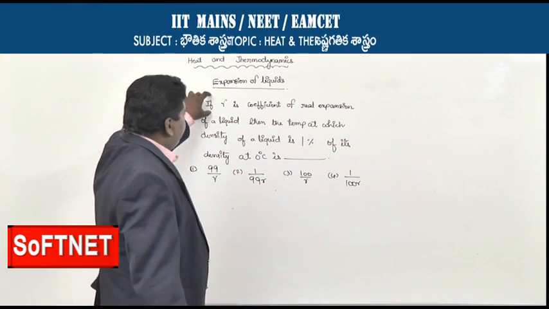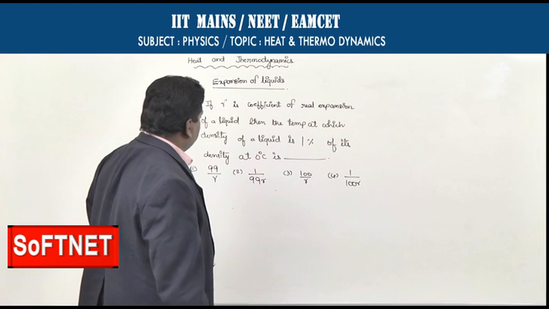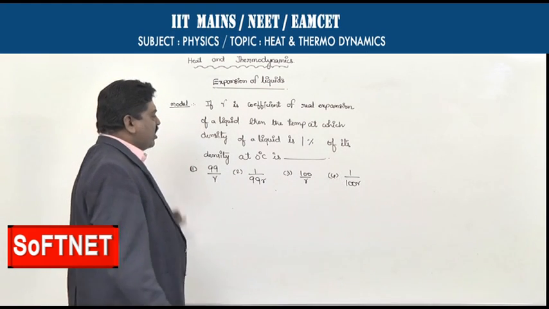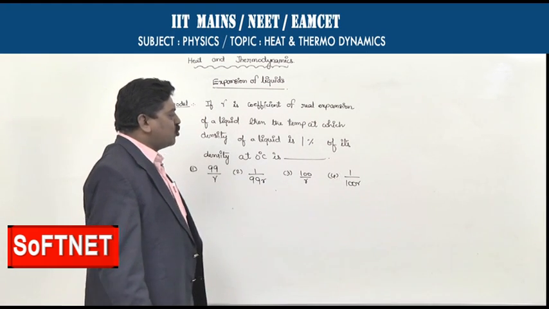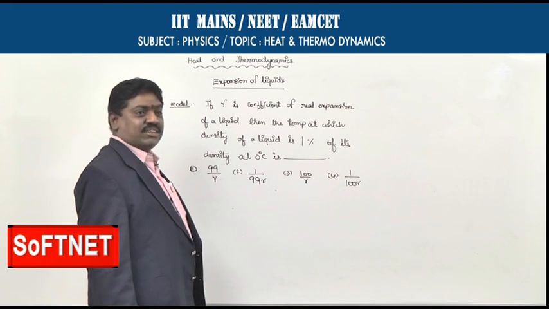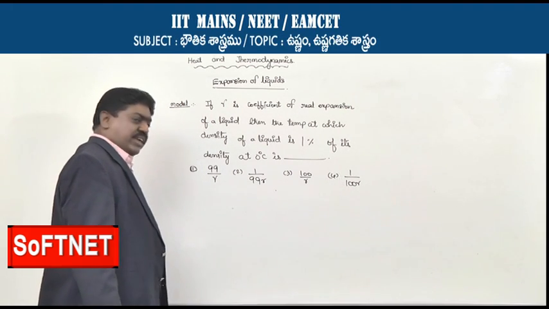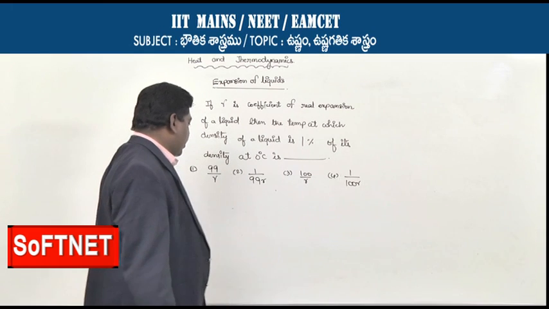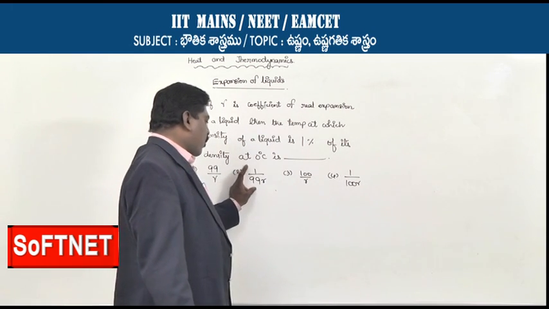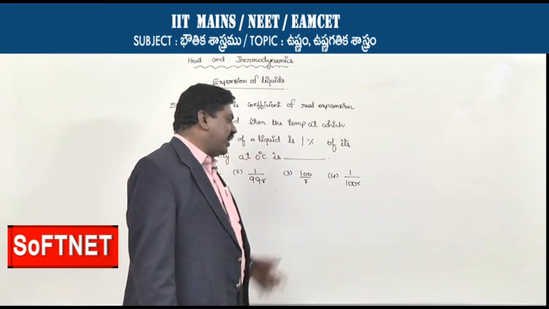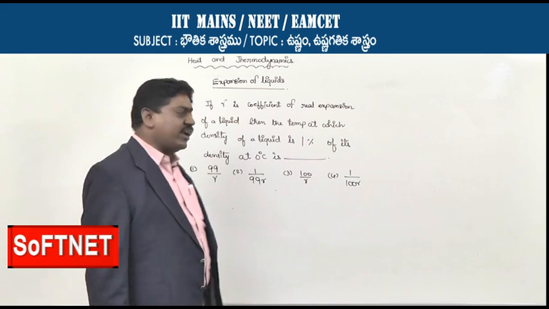If gamma is the coefficient of real expansion of a liquid, then the temperature at which the density of a liquid is 1% of its density at 0 degrees Celsius is? The options given are 99 by gamma, 1 by 99 gamma, 100 by gamma and 1 by 100 gamma.